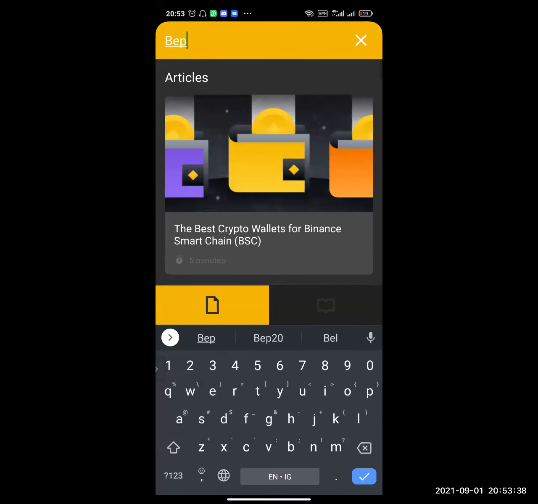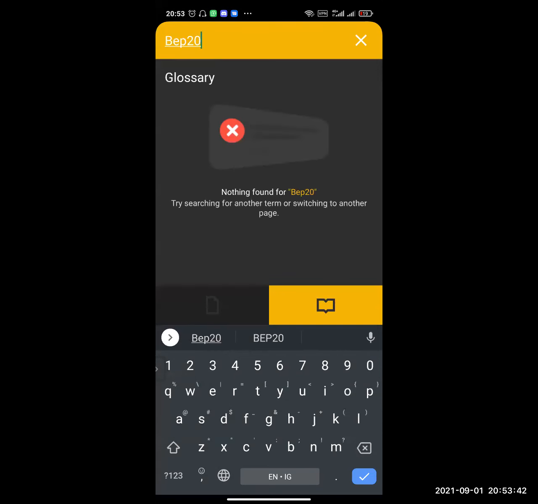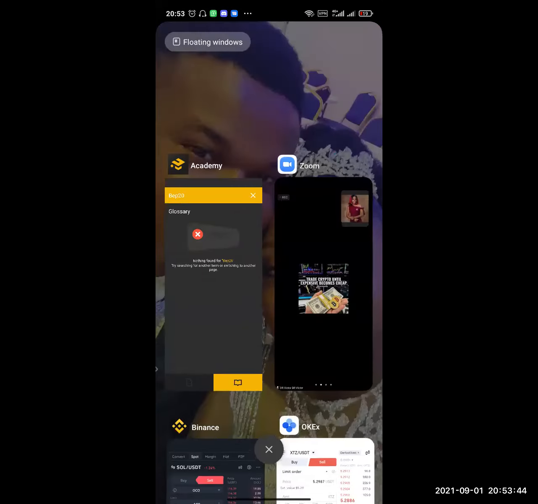BEP20 means Binance Smart Chain. It means that those tokens are built on the Binance Smart Chain. BEP2 means those tokens are built on the Binance chain. They are two different things.